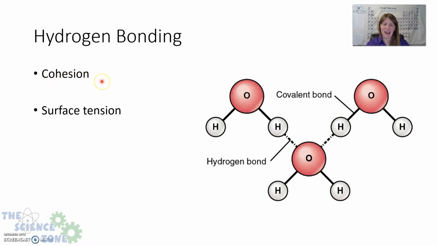Now let's talk about something really interesting called surface tension. When you look at water when it's still in a cup, you notice that there's almost what looks like a film on the top. If it's clear water, you can see your reflection in it.